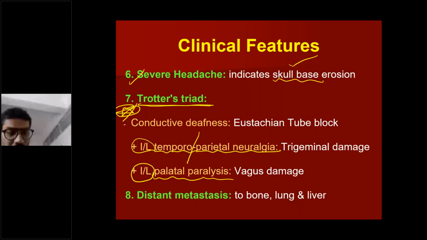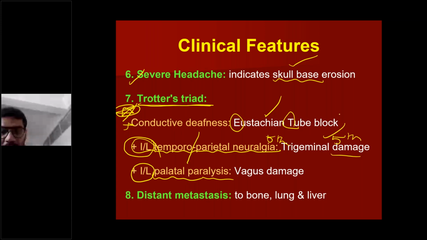I told you conductive deafness is because of eustachian tube block. Temporoparietal neuralgia is because of fifth cranial nerve involvement.